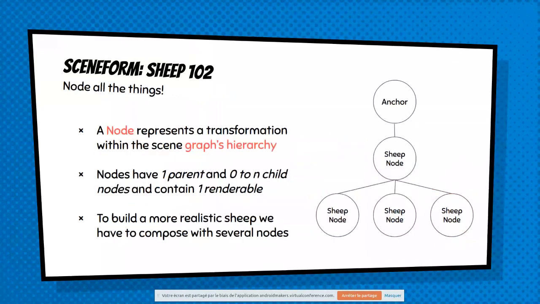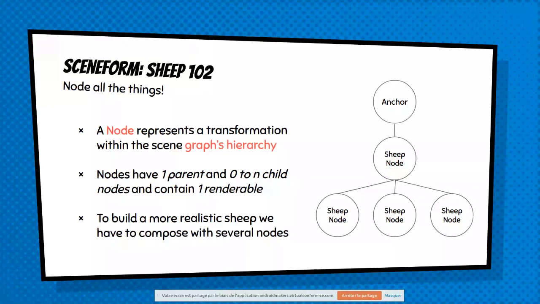So in your scene, you have to think with nodes. It's a graph. It's like a tree. So a node represents a transformation within the graph hierarchy. You have first your anchor, and then all the nodes that have at least only one renderable.